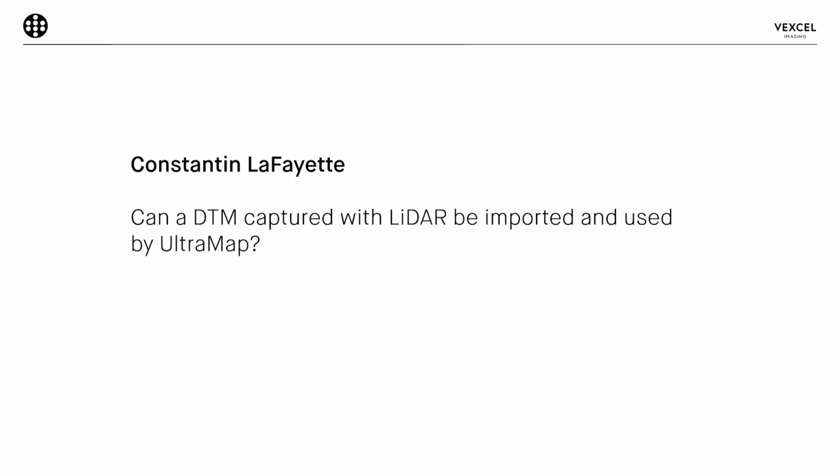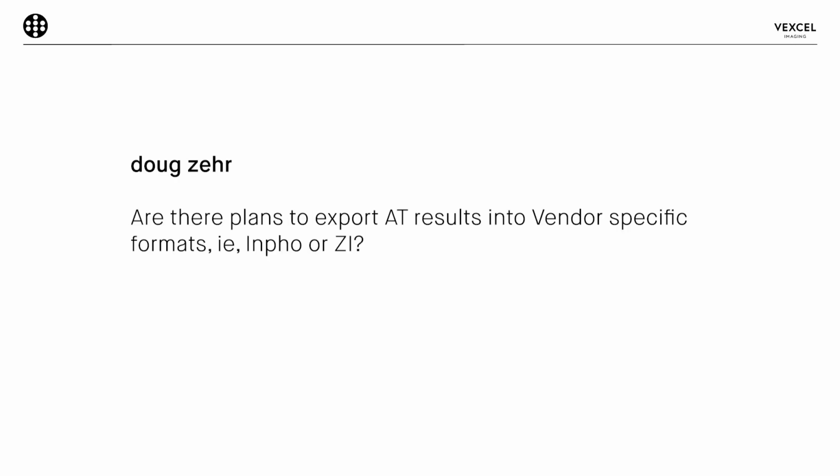Great. Next question is, are there plans to export AT results into vendor-specific formats like Inpho or ZI? Yeah, we allow now to export a number of formats. So we have text file formats for all types of data of the aerotriangulation module.